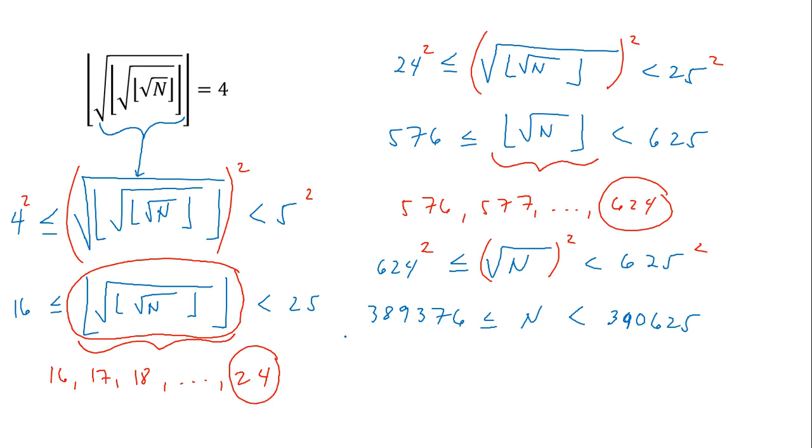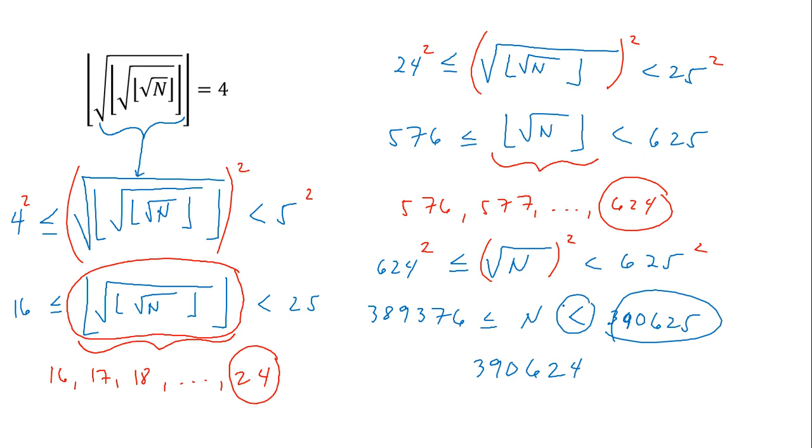So we have now the range of the values of n. Now what's the largest possible value of n based on this range? The largest possible value is 390,624, because we cannot have 390,625. Take note, we have the less than symbol here.